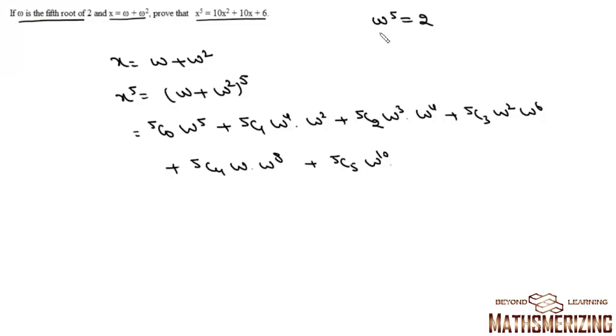Now we know that omega to the power 5 is 2. We can write x to the power 5 as 2 plus, now this is 5.